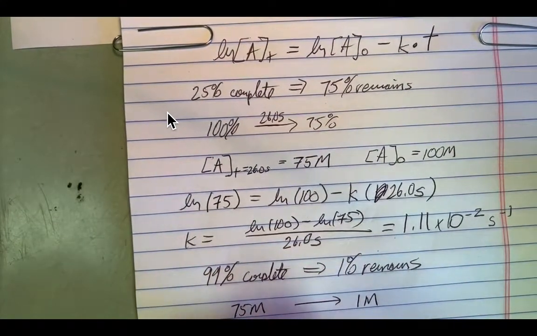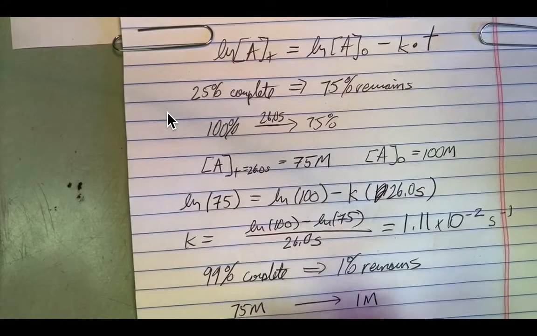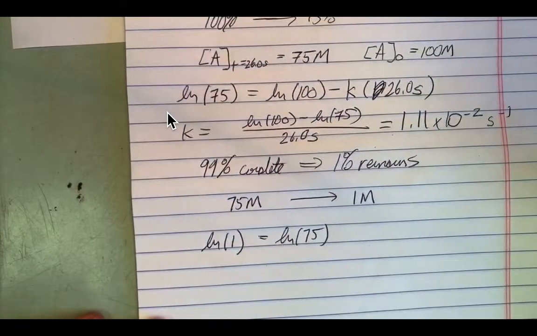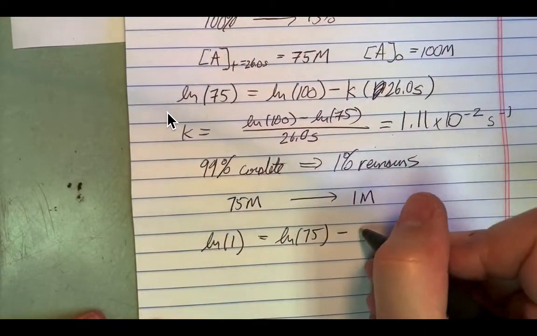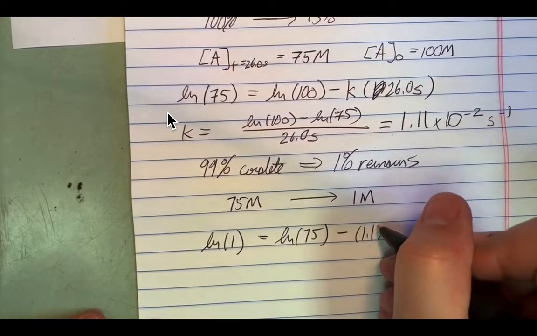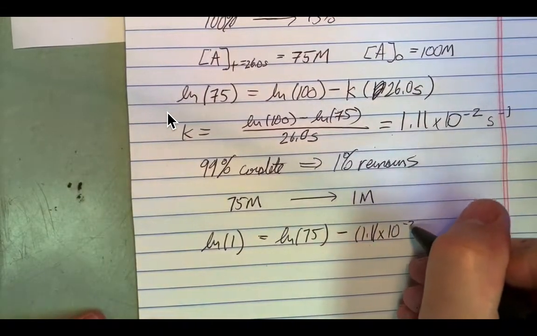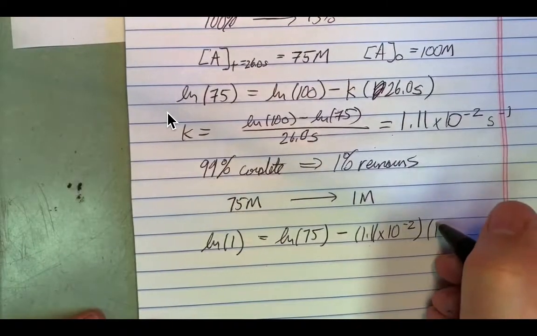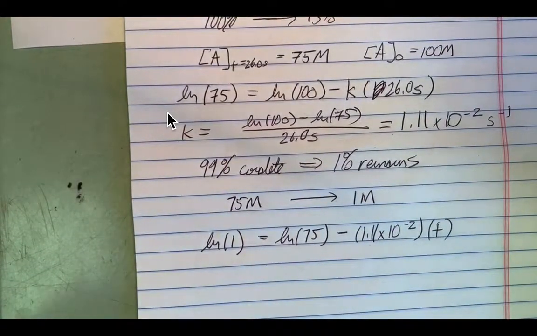Natural log of 1 molar equals, we started out with 75 molar. We have a K now to put in, 1.11 times 10 to the minus 2. And now time is what we're solving for because we want to know how long this would take.